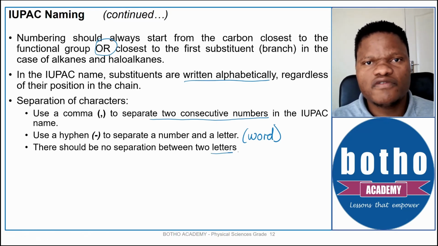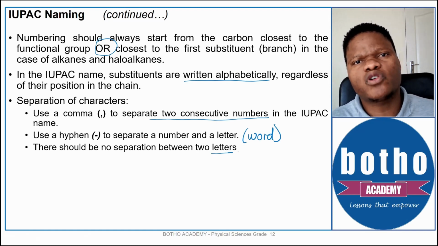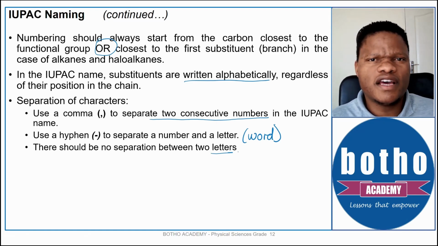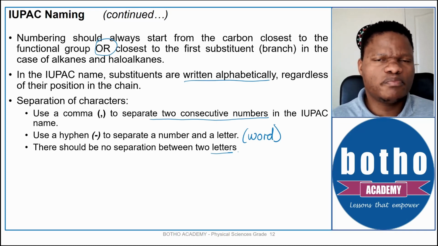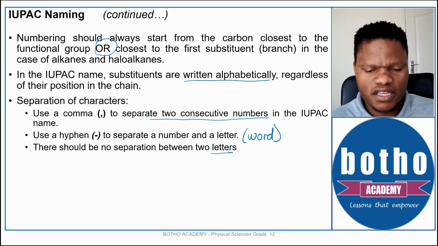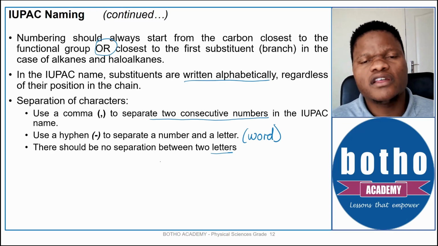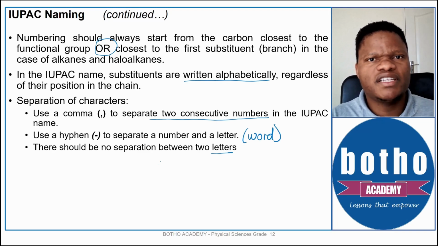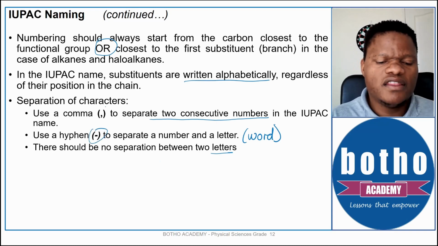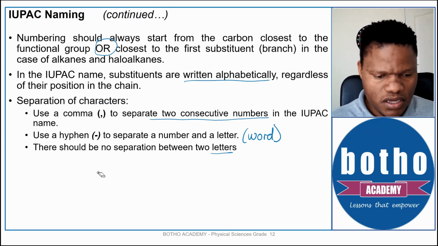All right, so if there's a methyl pentane or a bromohexane, after the bromo there starts another word, hexane. There should be no separation between the bromo and the hexane. There's no space, there's no hyphen, and there's no comma there. So 2 letters are not separated, but a letter and a number are separated by a hyphen, and then 2 numbers are separated by a comma in the IUPAC naming.